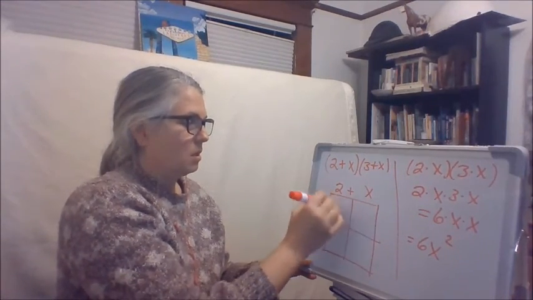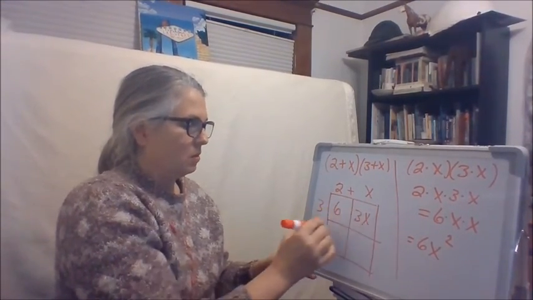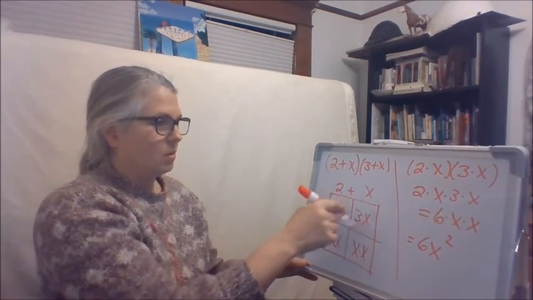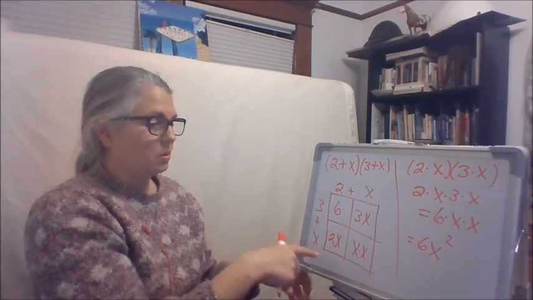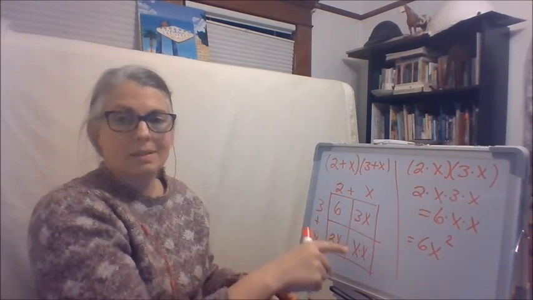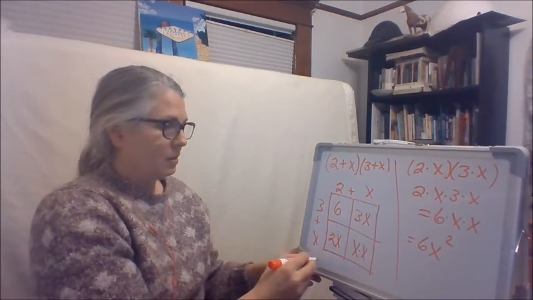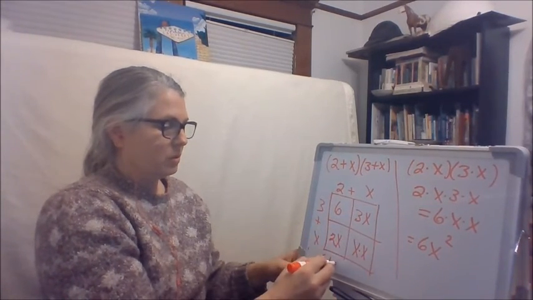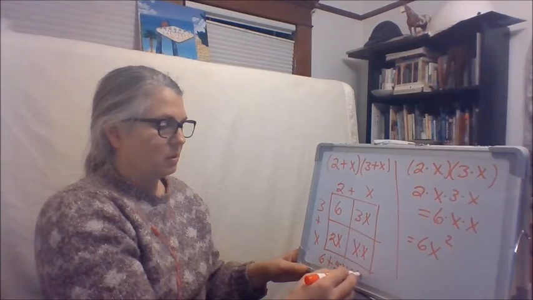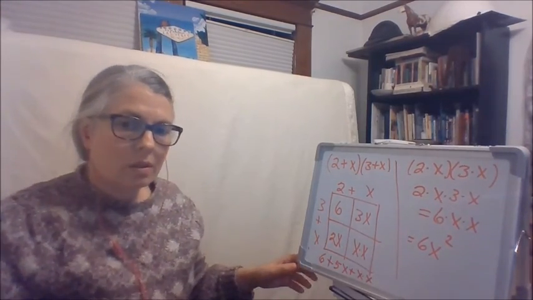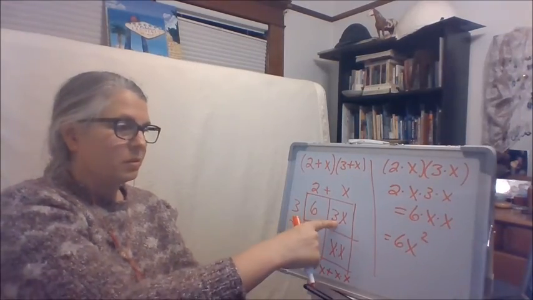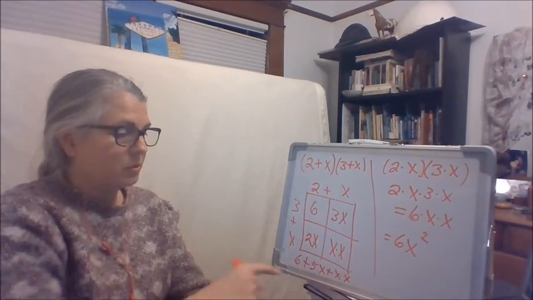So the area of this whole thing is going to be 6 plus 3x plus 2x plus x times x. 6 plus, and what's 3x plus 2x is 5x plus x times x. Okay? Because here I have 3 x's and here I have 2 x's, which combine to make 5 x's. Okay, that's the end of chapter 13. Good luck.